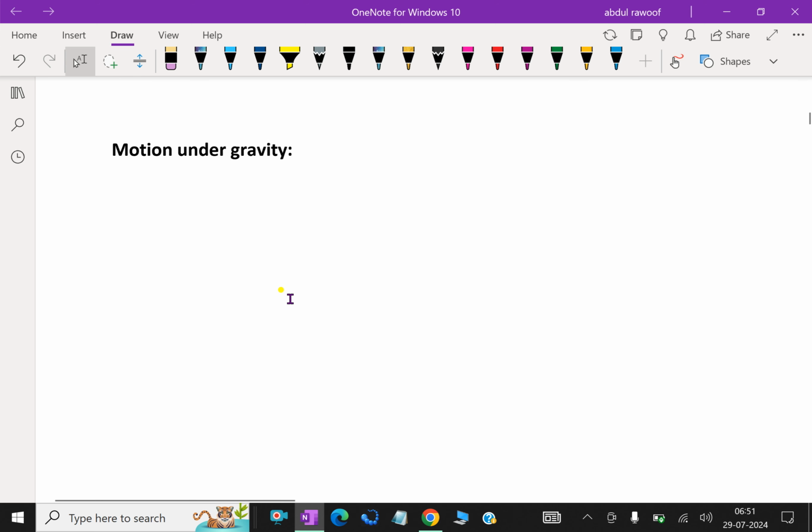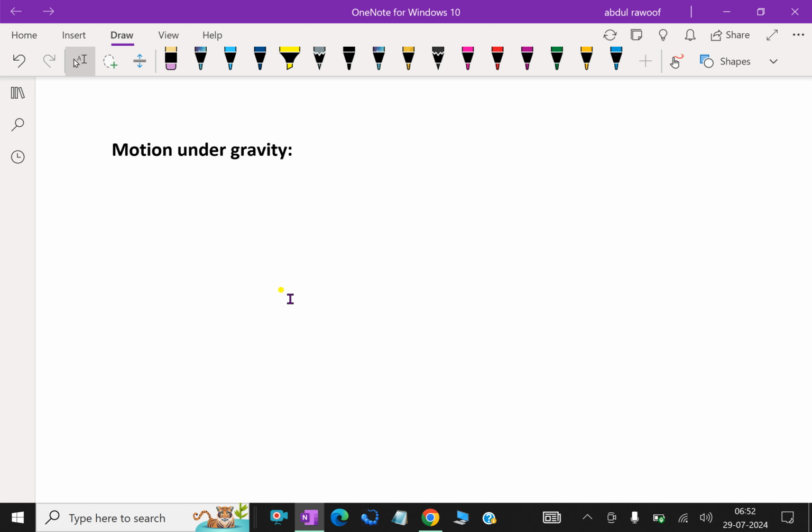Motion under gravity. When you throw a stone upward vertically, it goes to a certain height and comes back to the ground with the same speed with which you threw it.